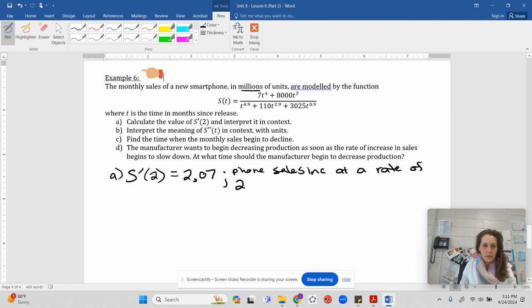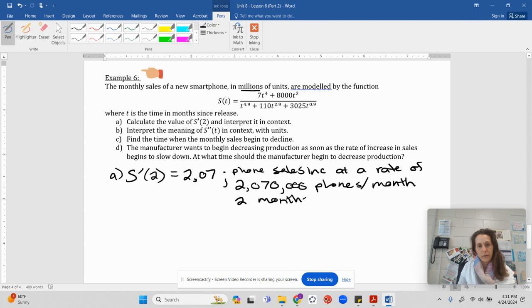So it's 2,070,000 units, or phones, per month. And this is at t equals 2, so this happens 2 months after the release. The rate of phone sales is still increasing at quite a high rate per month, 2 months after the release. So things are going well.